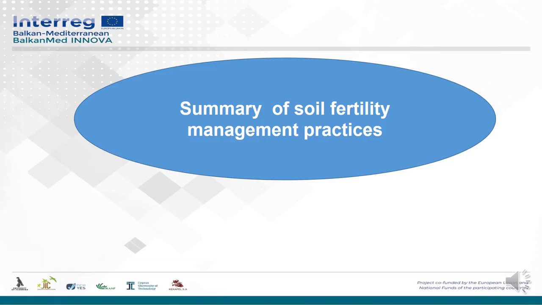Now, in the next slide, you will find a table which tries to summarize all the most important agriculture practices that can be used in organic agriculture in order to keep soil fertility. You will find, side by side, on the side of each agriculture practice, the direct and indirect effects on soil fertility and in the soil-plant system.